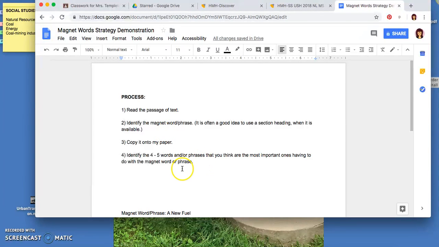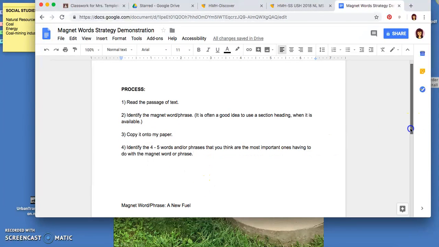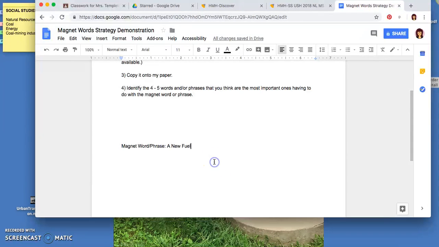So after you have identified your 4 to 5 kind of attracted words, and by attracted we just mean that they are words that most have to do with the magnet word or phrase. So the way a magnet attracts things, a magnet word will quote unquote attract other words.